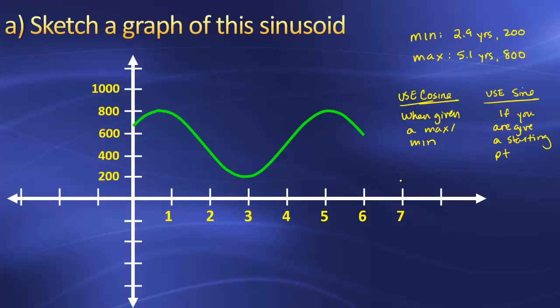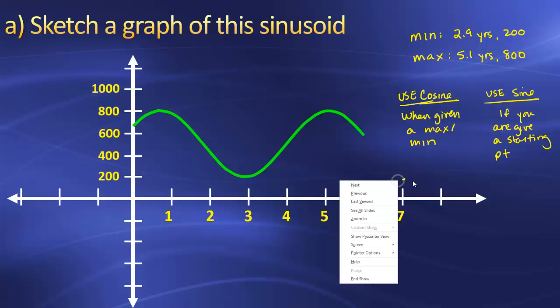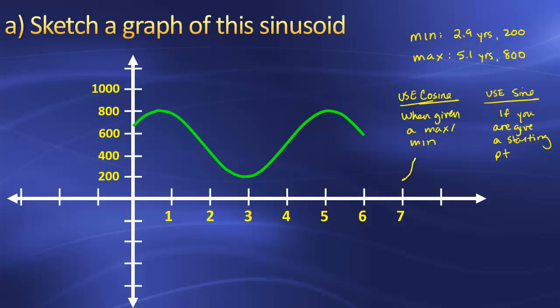With a Ferris wheel, you start at the bottom, and you ride it up, and then it comes back down, and then it goes back up, and it comes back down. But you start at the bottom. Sine would be like the pendulum of a clock. So if we're given a pendulum, and we're saying its starting point is right here, it swings one way, but then it swings back to the other side.